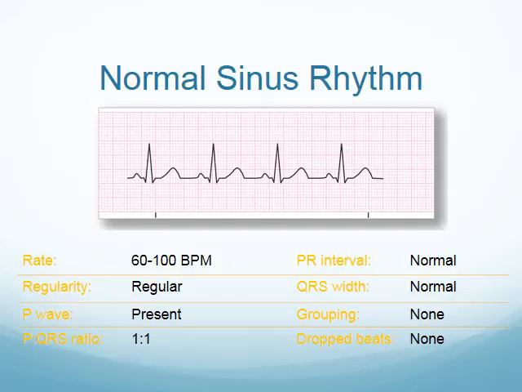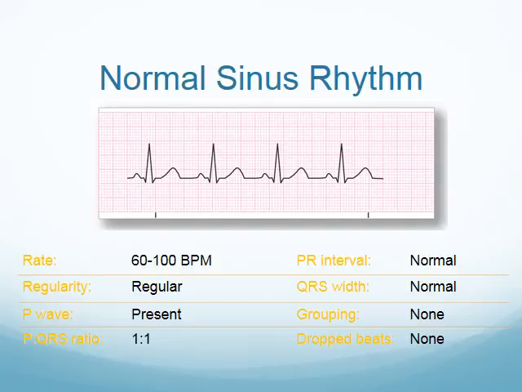Here's an example of normal sinus rhythm. We have our P waves in front of every QRS. Our rate is 60 to 100.